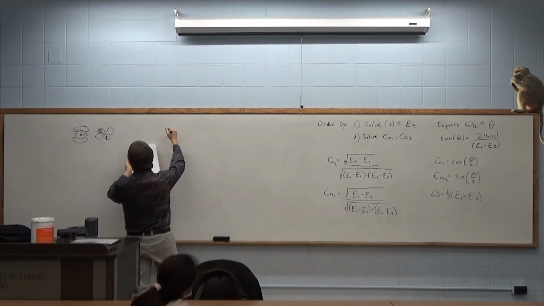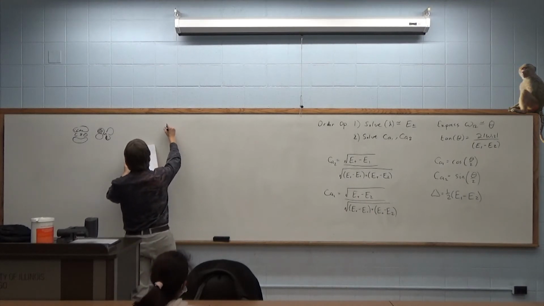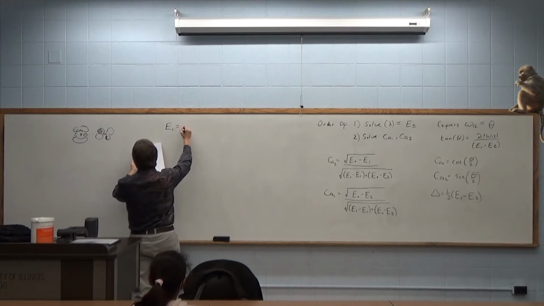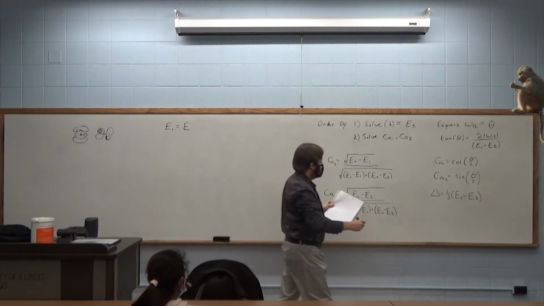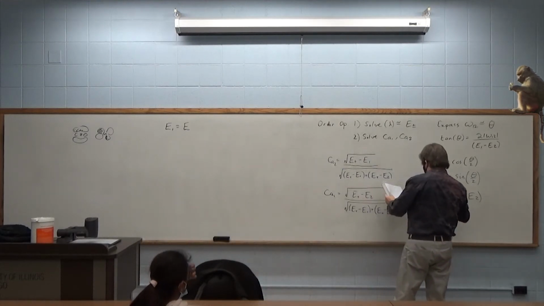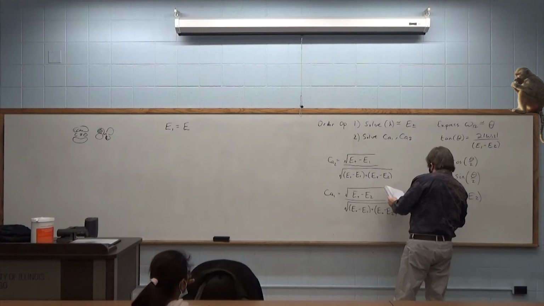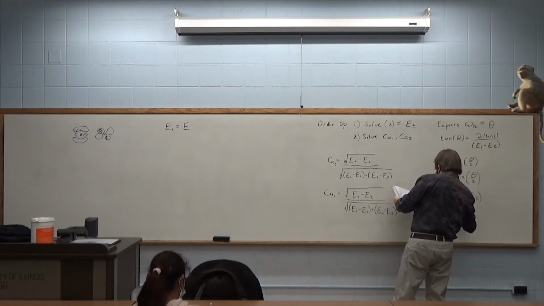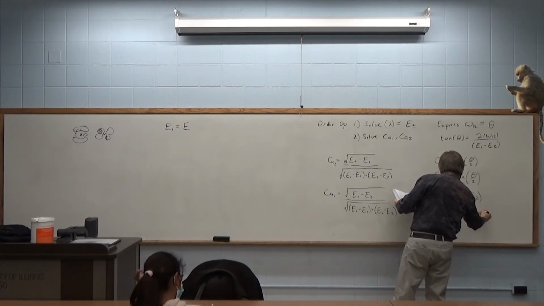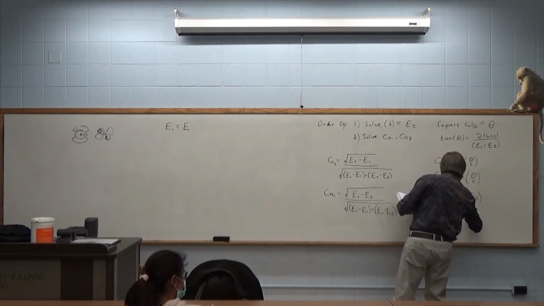Okay, the way this works is, if you check this out, E1 is, okay, so that's basically the difference, and then the average. The average is one half E1 plus E2. Sorry, E2.